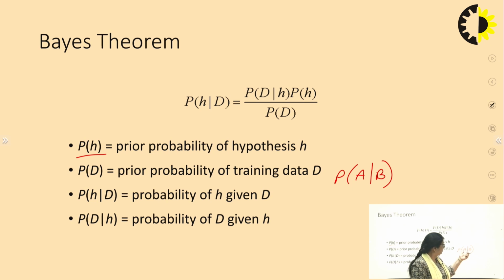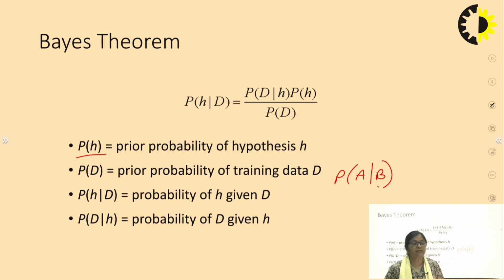If A and B are totally independent, the occurrence of B will not affect the probability of A. But if these are not independent events, then the occurrence of B will affect the occurrence of A.